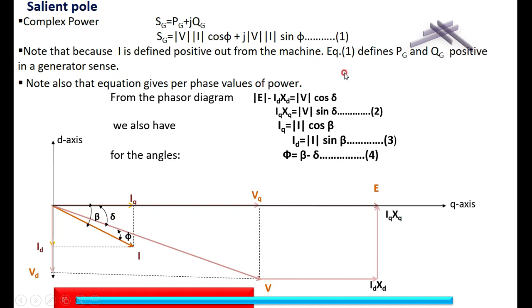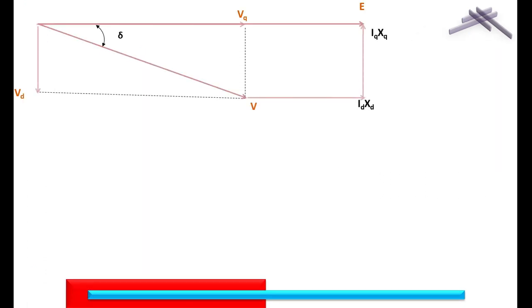These are the four basic equations I have written: one for the power, one for the Q axis and D axis voltages, another for the current equations, and the third one the angle equation. That is, the voltage equation, current equation and angle equation. Taking only the voltage phasors here, V, IDXT, IQXQ, this is VQ and E. From this triangle, E minus IDXT gives VQ.